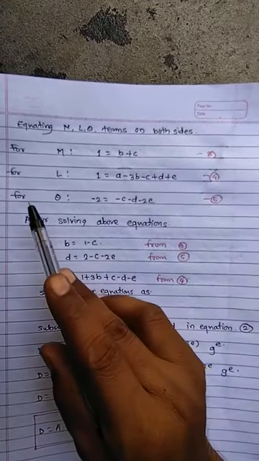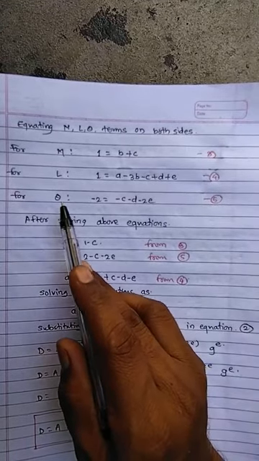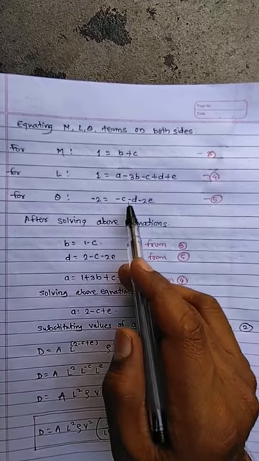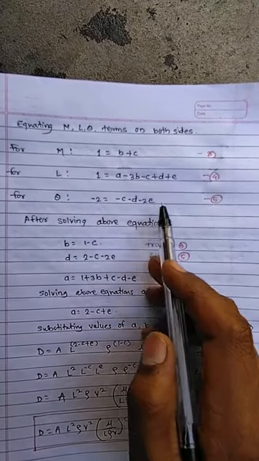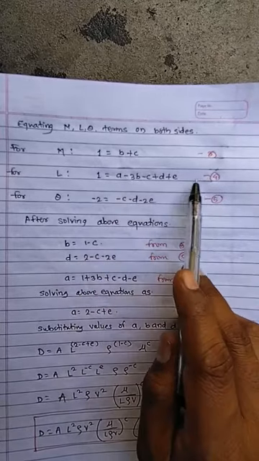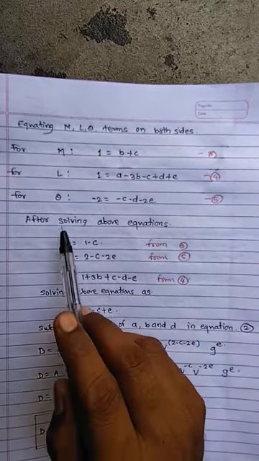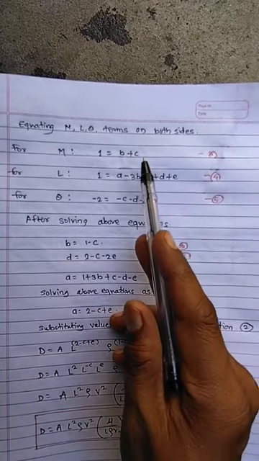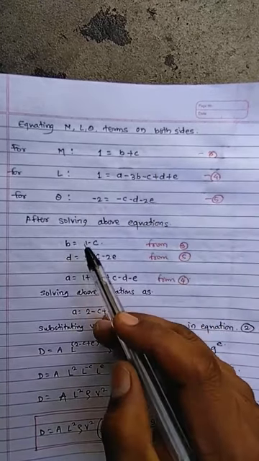Then for theta, on the left hand side we have theta raised to minus 2, so minus 2 is equal to minus c minus d minus 2e. Okay, so we have considered this as equation number 3, this is 4 and this is 5. After solving these equations, from equation number 3 we get b is equal to 1 minus c.